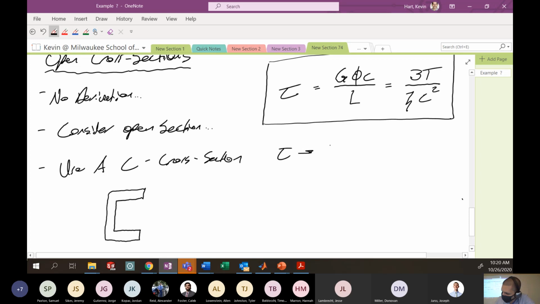Pretty obvious here. This tau here is going to be shear stress. G is the shear modulus. Phi is the angle of twist in radians.